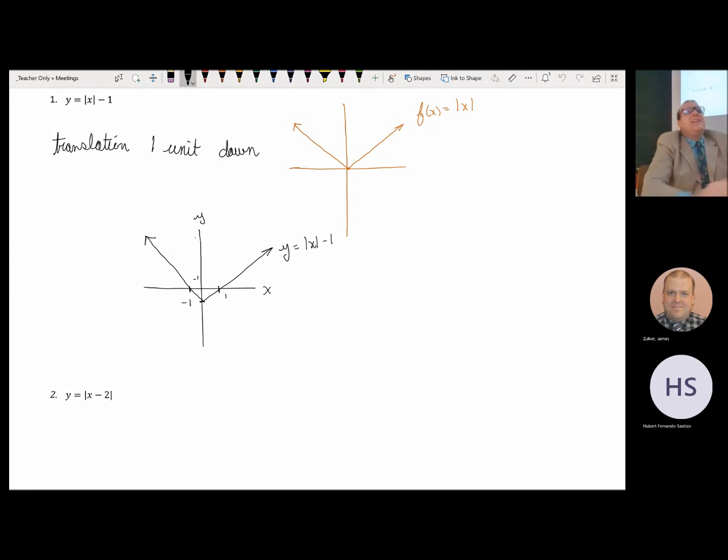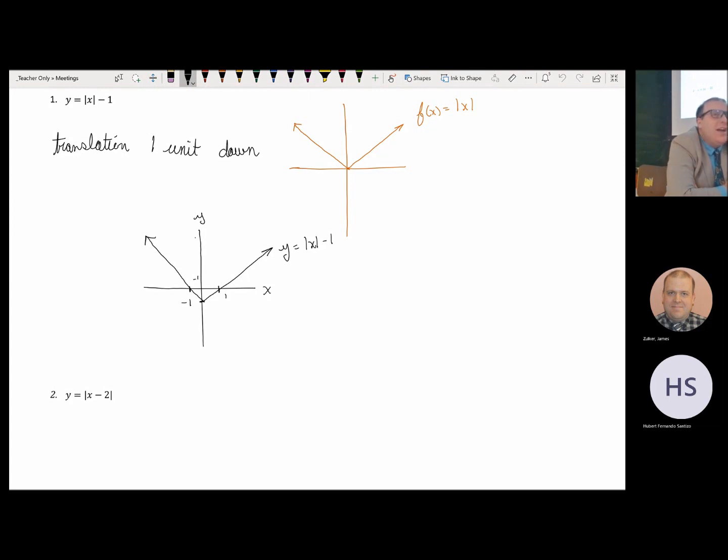Now this is actually inside the function. Going to go to the right, slide it to the right too, correct? This goes to the right too, because then when x is 2, y is 0. Yes, because it's actually within the function itself. So it's like f of x minus 2. That's affecting input, right? That tells you it's horizontal. That's just a matter of, is it right or left?